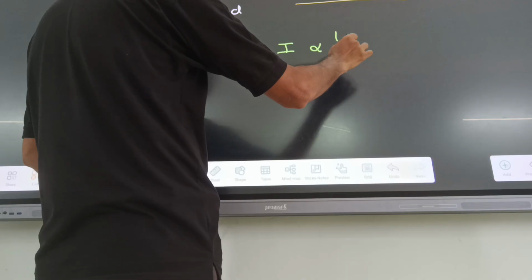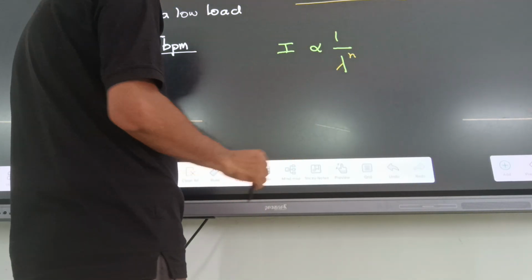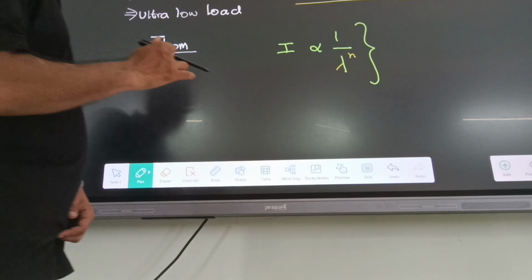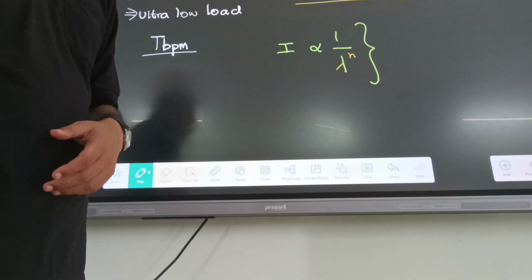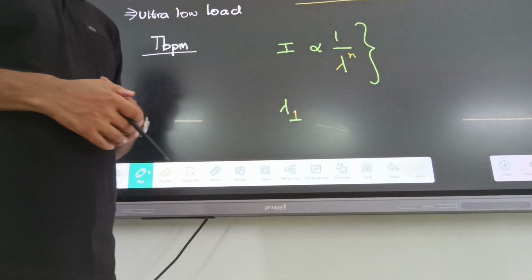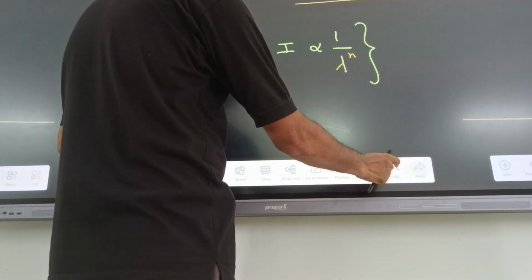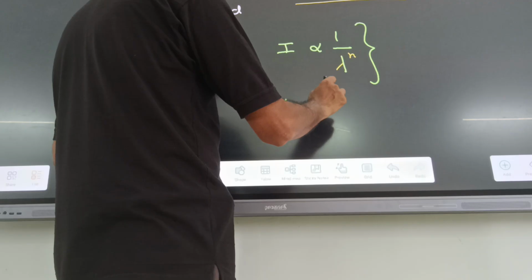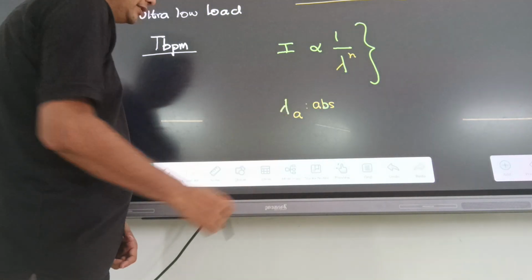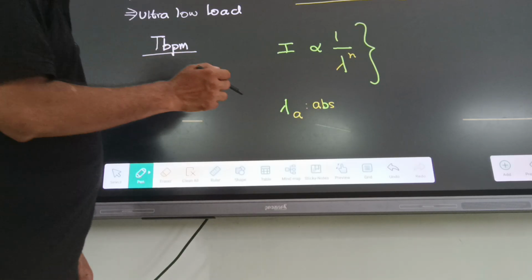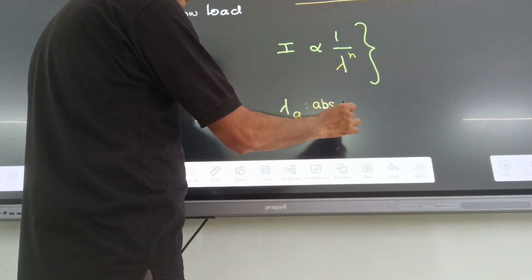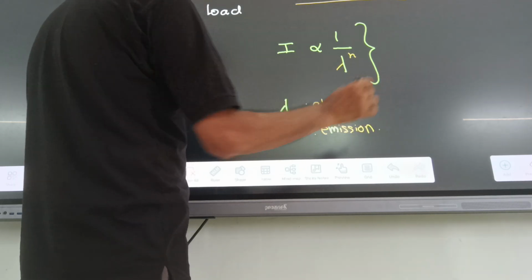I think it would be some power, some power of n molecules. So in fluorescence, if there is fluorescence quenching and there is fluorescence enhancement, in both these cases there is a light change, there is a wavelength change. Basically it is absorbing some light and emitting some light. Let's consider the wavelength with which it is absorbing is lambda absorption and the wavelength which it is emitting is lambda emission.